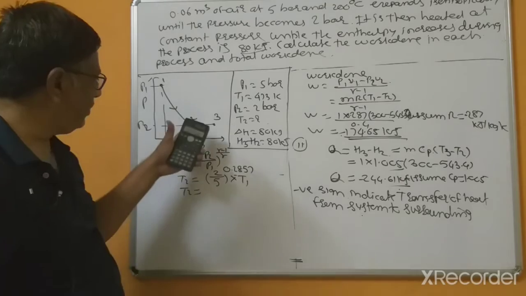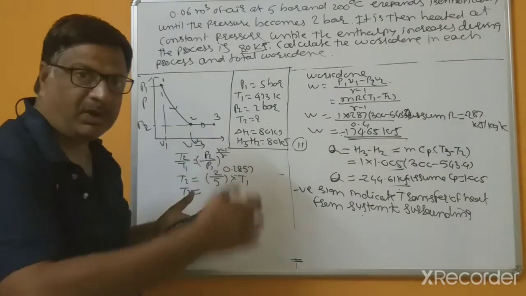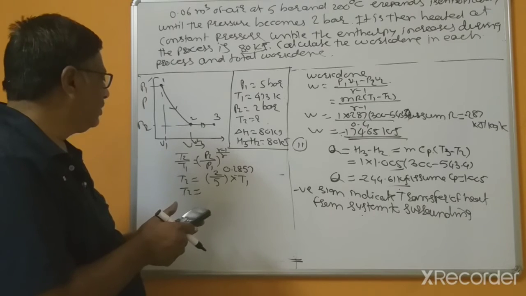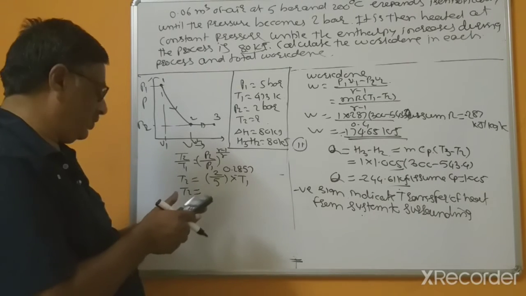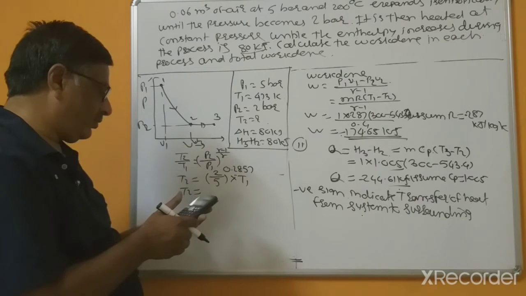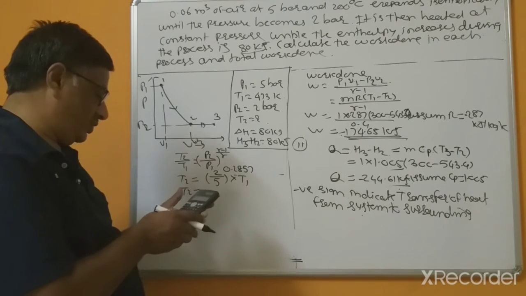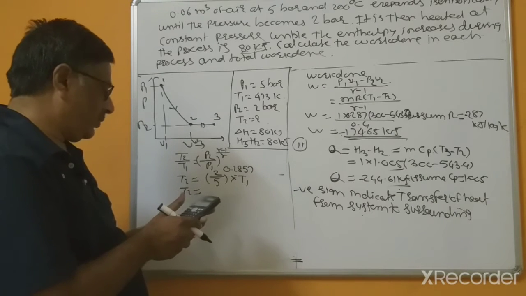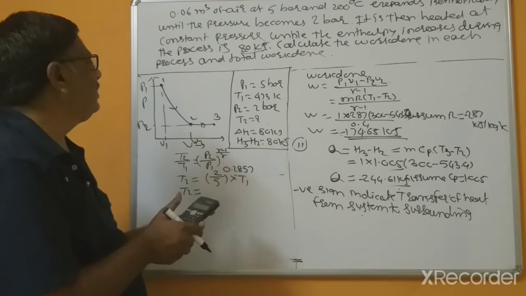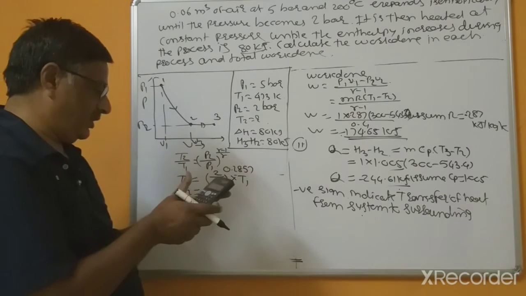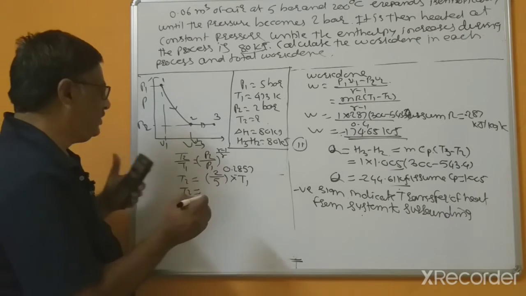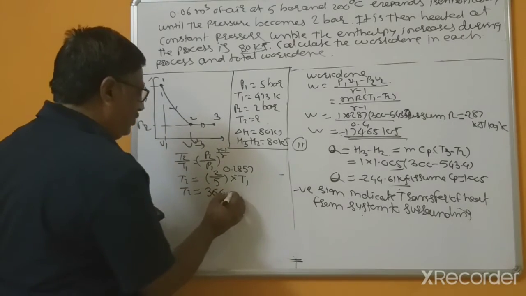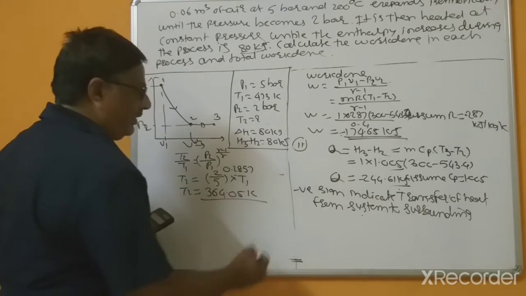So this temperature decreases because of the expansion. This is 2 divided by 5, 0.4 raised to 0.28571, 0.7 multiplied by T1 temperature 473. That's why this temperature is 364.05 Kelvin.